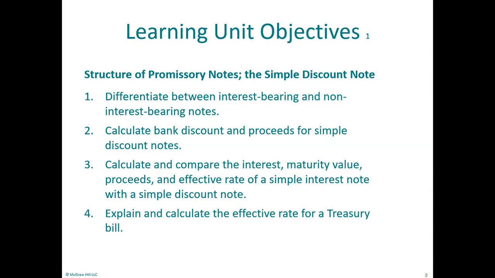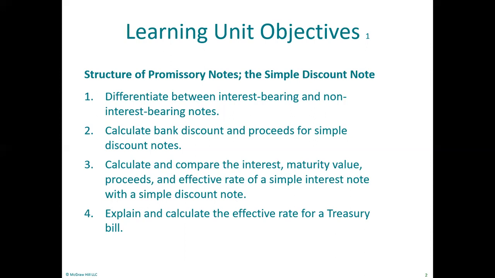Secondly, we're going to calculate bank discount and proceeds for simple discount notes. If, for example, you have a note from a certain company, which means you're going to receive that amount at a certain time, let's say December 31, but you need the money now, what you can do is discount that note to a bank.